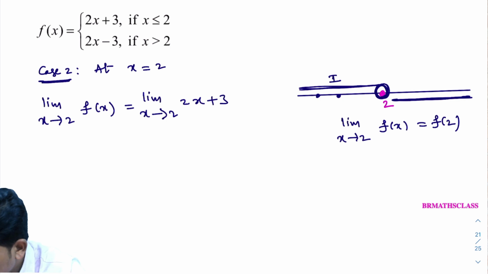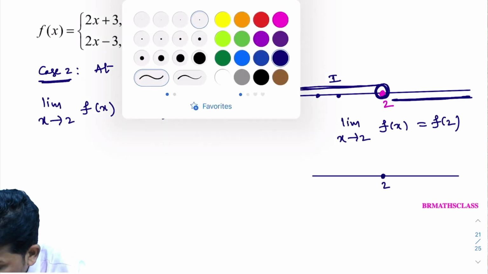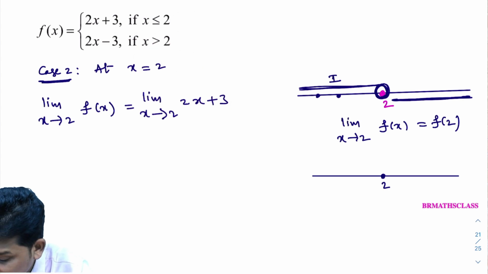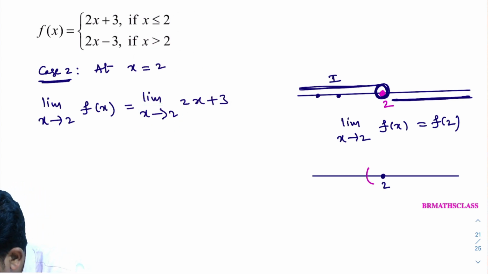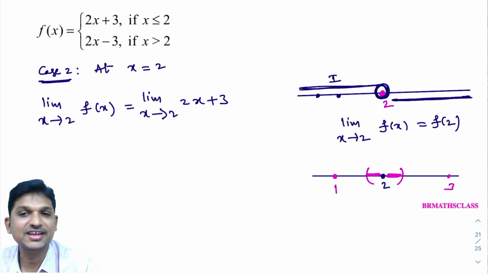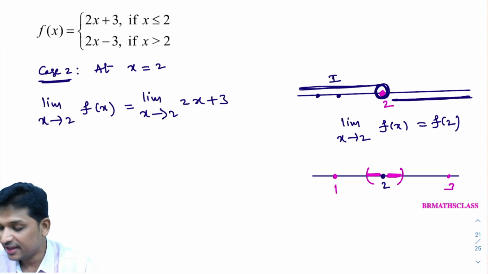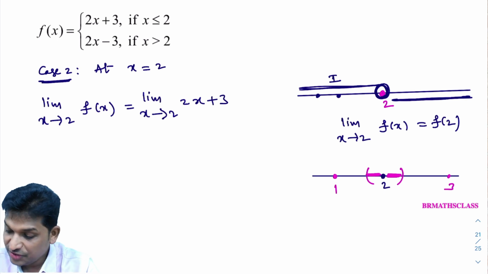Correct? Right. I'll mark that one here, number 2. X approaching 2 means the x values will be in the neighborhood of 2. This is 1, this is 3. This pink color zone is there. X values are slightly less than 2 or slightly greater than 2 but not 2. So here, which function to choose?